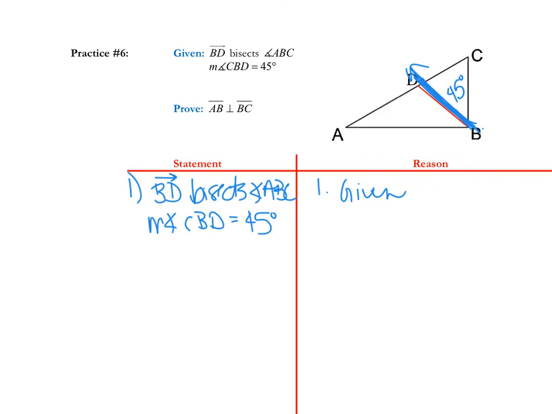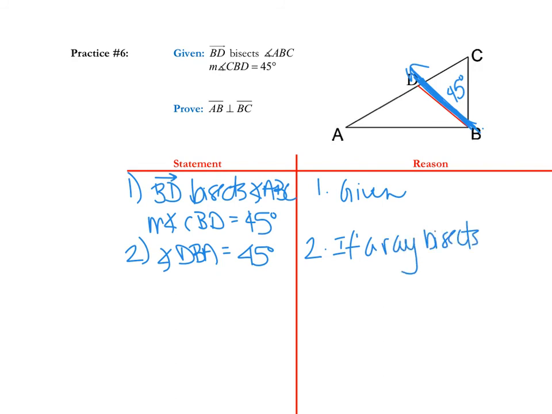Well, first of all, we can say that angle DBA equals 45 degrees. And we can say that because if a ray bisects an angle, then it divides it into two congruent parts.